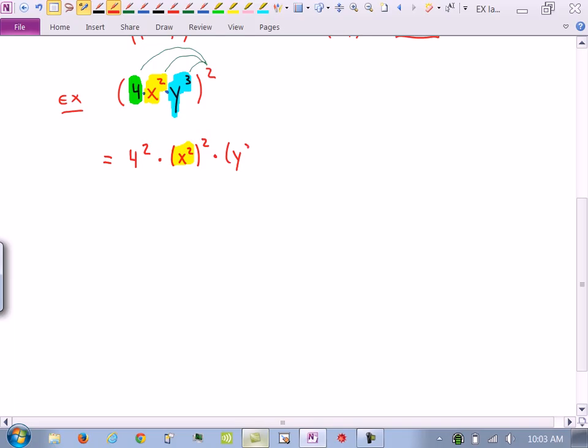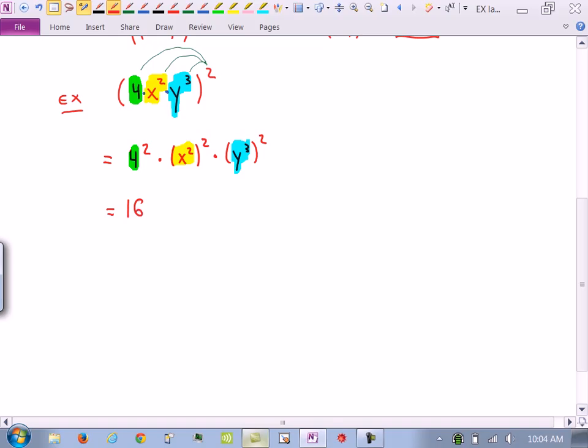Y cubed, and it needs to get squared. So that's my third piece. So there are my three parts of the product, we call them factors. Those are my 3 factors. Each one of them, I came in and squared them. Y'all see it? Now, let's go work on those. 4 squared is just the number 16.